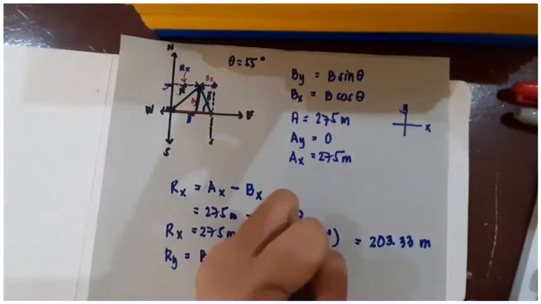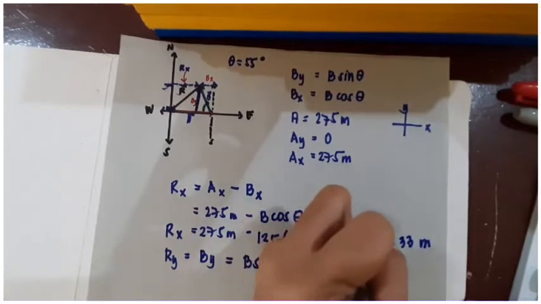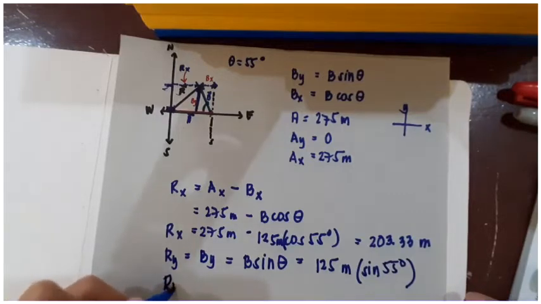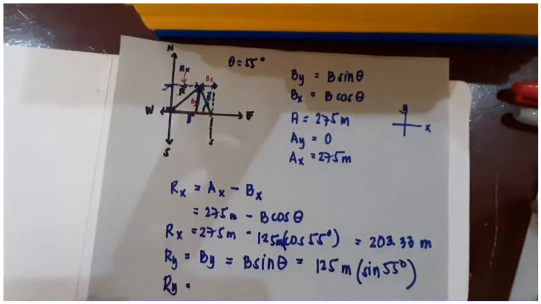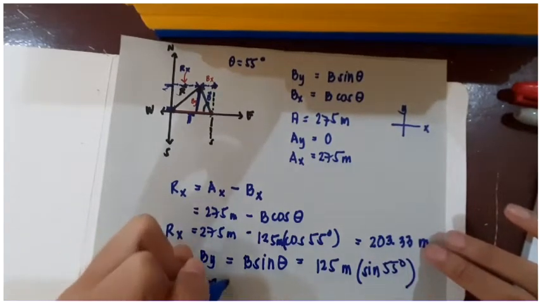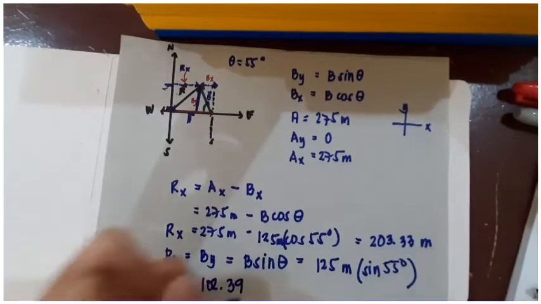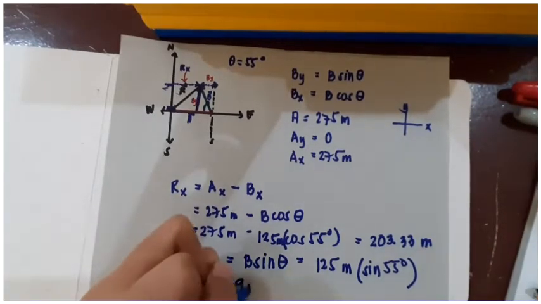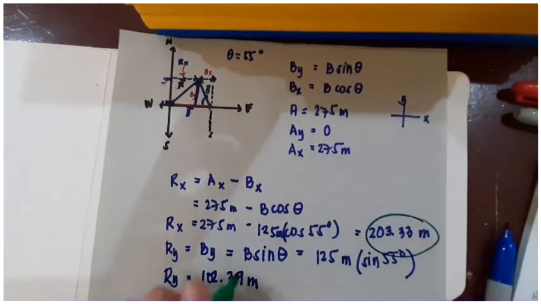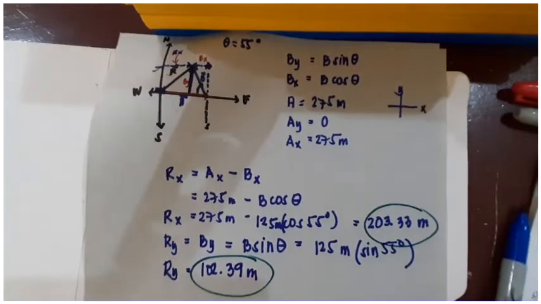Your b is 125 meters sine 55 degrees. You will get ry is now equal to 102.39 meters. So meron ka ng rx and ry.